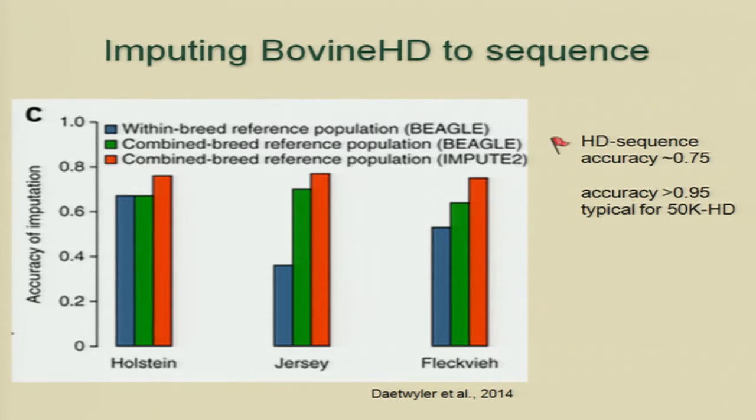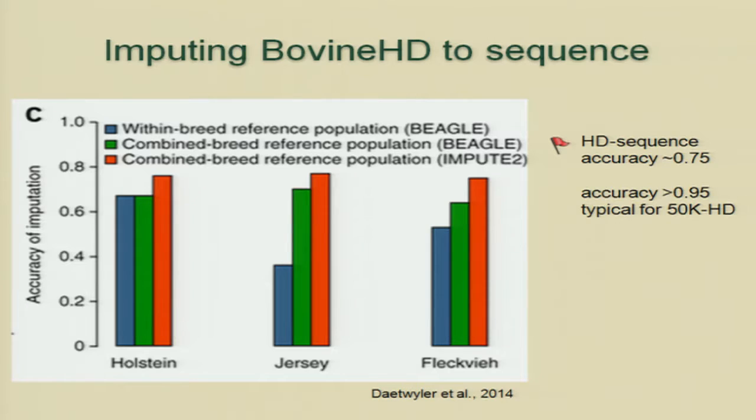So then we've been getting sequence data. This is out of the 1,000 Bull Genomes project, where they reported imputation accuracy from high density to sequence level averaging around 75%.